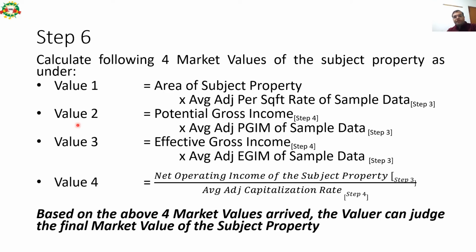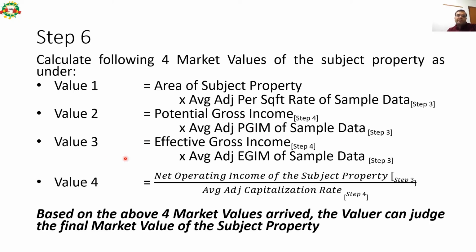Likewise, value number 2: we take potential gross income, as we calculated in step number 4, and multiply it with average adjusted PGIM of sample data.